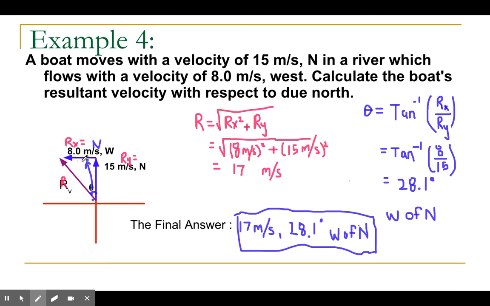So this is the intended direction and velocity of the boat. This is the velocity of the river. Because the velocity of the river affects the velocity of the boat, it will actually travel west of north at an angle of 28.1 degrees at 17 meters per second. So that resultant represents the true magnitude of the boat when it's in the water.